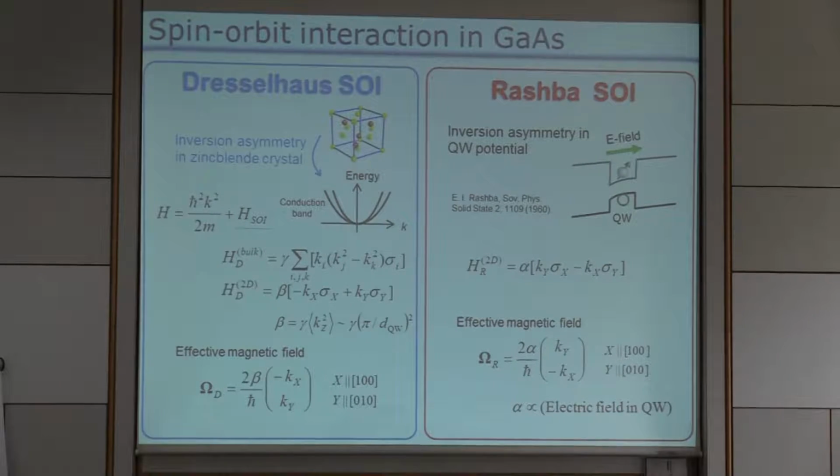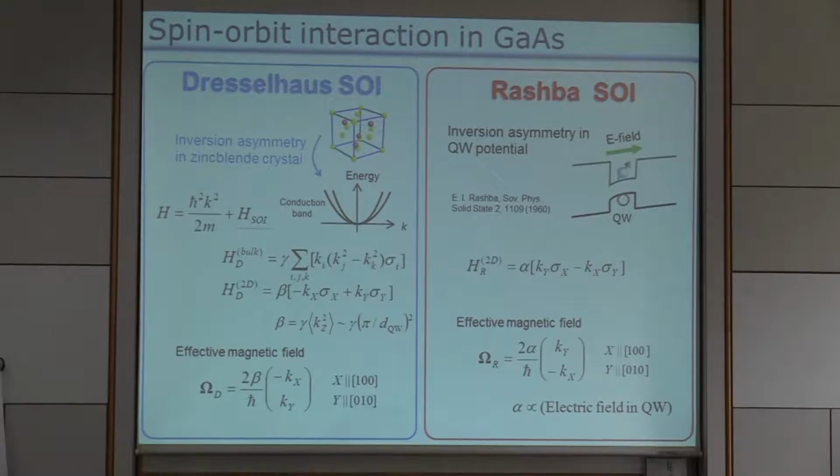We are interested in the spin-orbit interaction in gallium arsenide, which has the zinc-blende crystal structure. Because this crystal doesn't have inversion symmetry, this leads to spin splitting in the conduction band. This spin splitting is expressed by this formula, which is proportional to the material constant gamma, the cubic term of the momentum vector k, and the Pauli matrices.